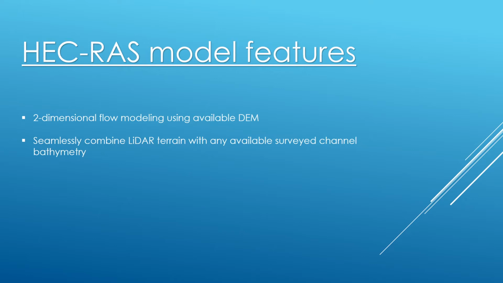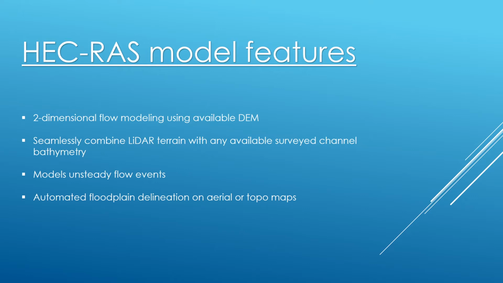And it is actually done within RAS Mapper, which is a part of HEC RAS. HEC RAS does automated floodplain delineation on the map of choice. Typically, engineers like aerial or topographic maps. And HEC RAS is certainly well tested. It is the gold standard.